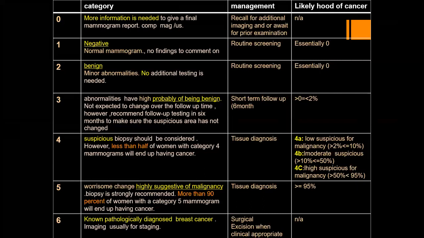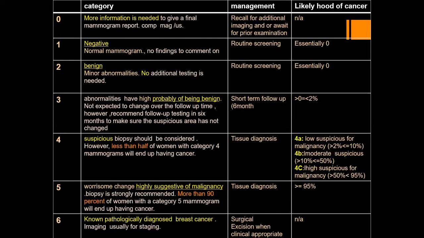Same for BIRADS 2, same management and risk of cancer, which represents benign findings. BIRADS 3 is probably benign findings, for short-term follow-up, and the likelihood of cancer is above 0 but equal or less than 2%.